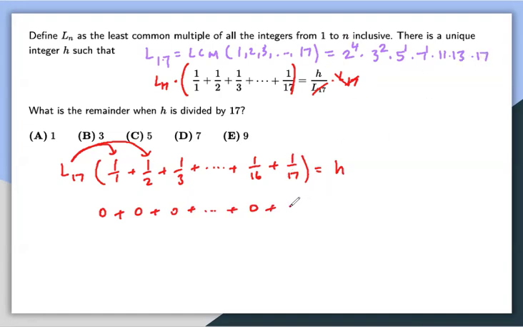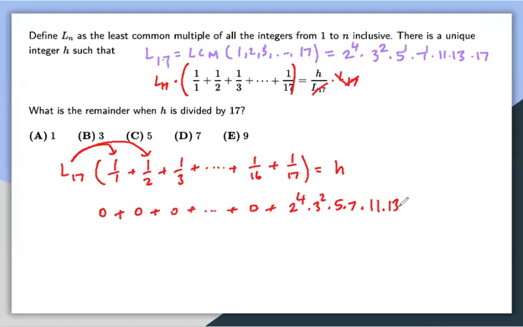So we are going to end up having 2 to the 4, 3 squared, 5, 7, 11, 13. And then this 17 is already gone because we multiplied by that.